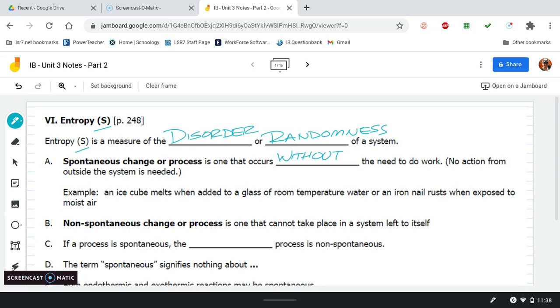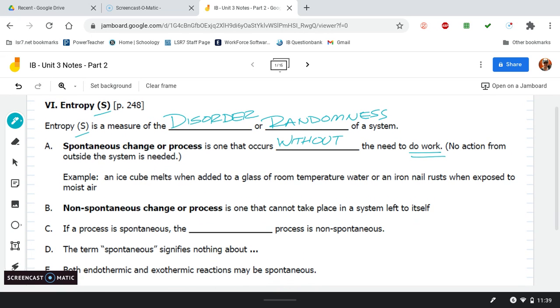Spontaneous change is going to happen without the need to do work, or it's just going to happen on its own. So here's an example. An ice cube melts when added to a glass of water, or an iron nail will rust when exposed to air that has moisture or humidity in it.